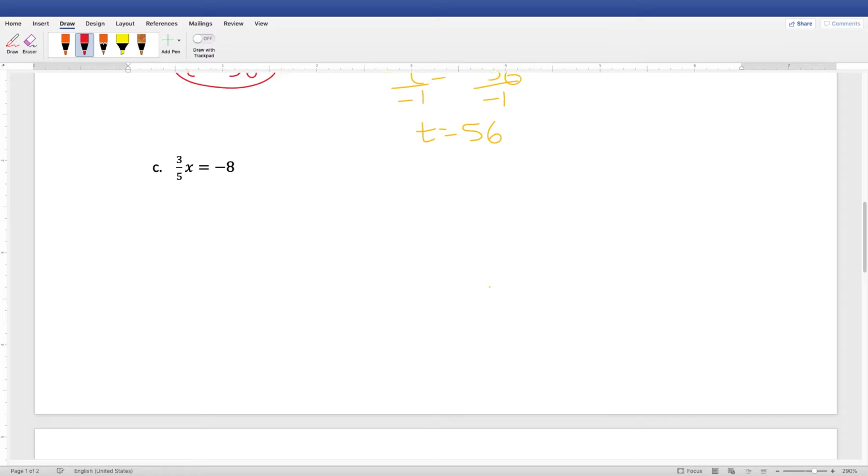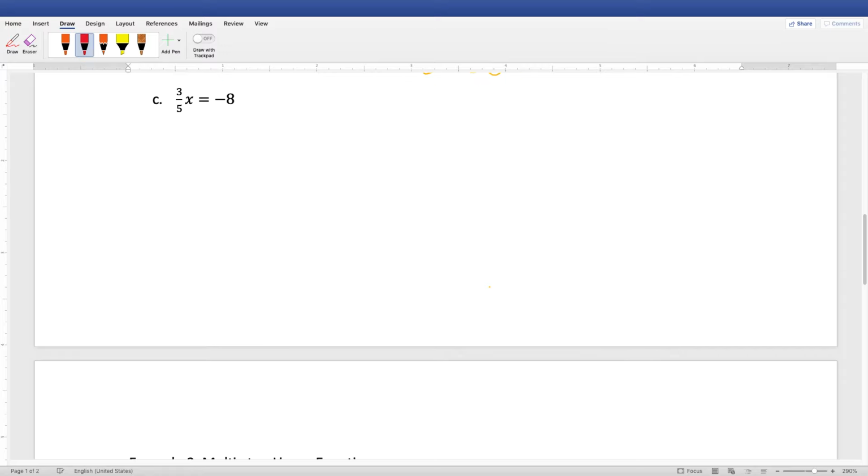Looking at example C, 3/5 x is equal to negative 8. I don't like fractions. I want to get rid of fractions when possible. So we're going to get rid of our fraction here by multiplying both sides by 5. When you multiply the left side by 5, you must multiply the right side by 5.